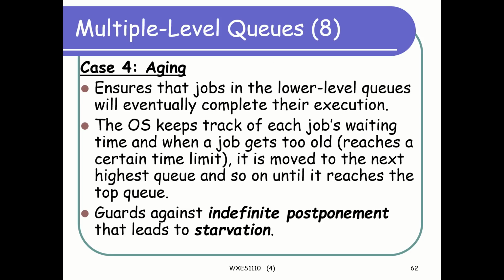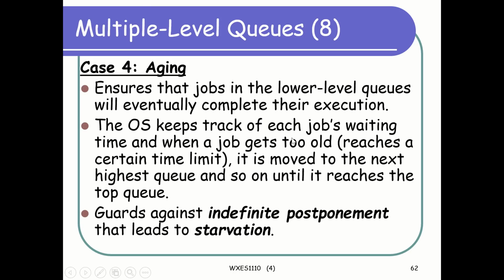And case 4, aging. When a job has already been there for quite a while and the scheduler cannot wait to remove it, it is given a high priority. This ensures that jobs in the lower level queue will eventually complete their execution.